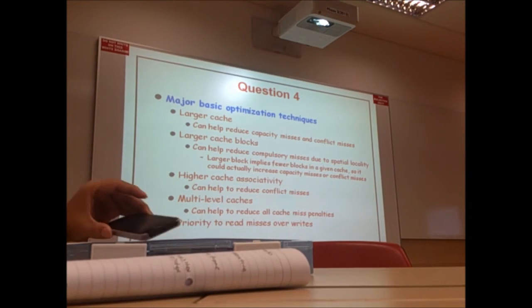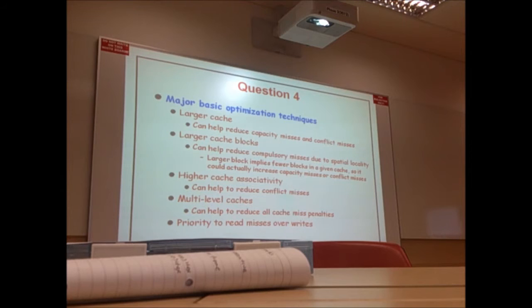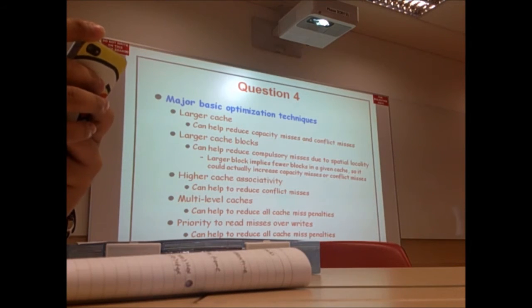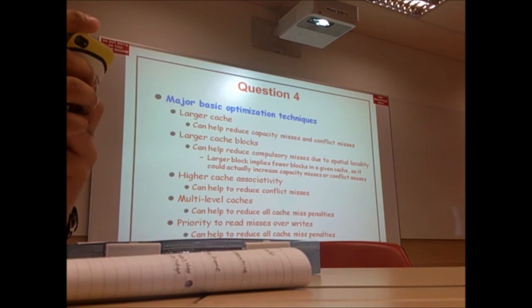And another optimization which can improve performance is to give priority to read misses over write misses. Again, this would depend upon the particular program, but in general, the reads are more important than the writes, and that can help to reduce the misses.